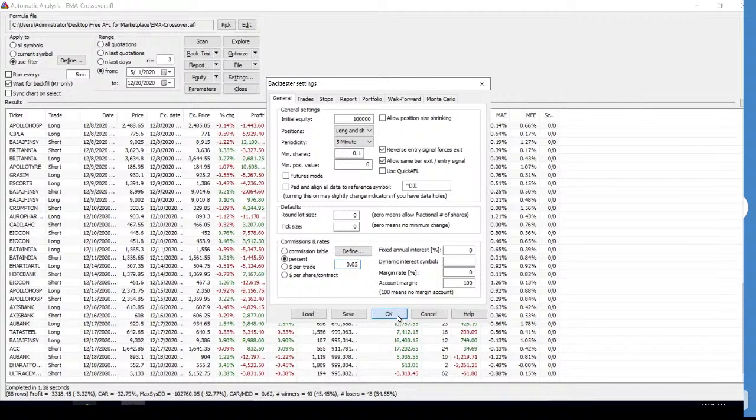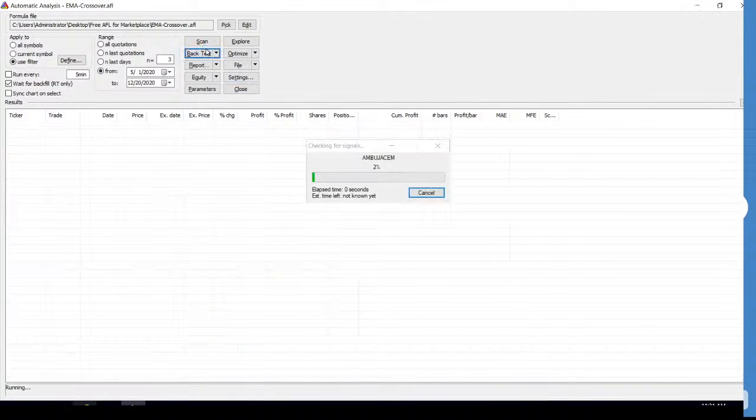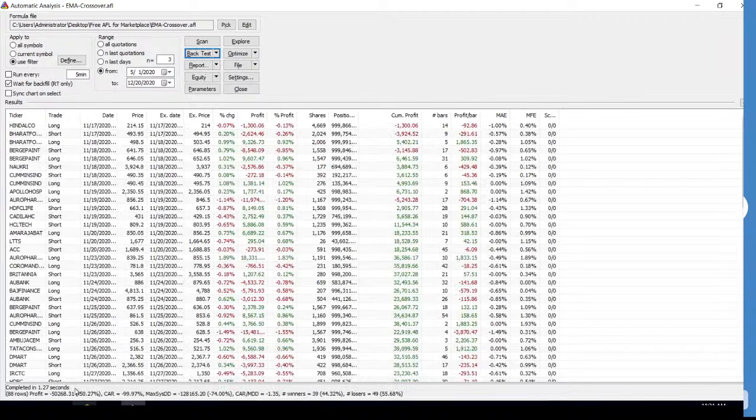So if I include all of this and then backtest, you will now see that my loss is minus 50%. Why? Because including brokerage, tax and slippage, I am losing more money. Earlier my loss was only 3%, but now it is minus 50. So yes, brokerage, tax and slippage is a very important aspect of backtesting.